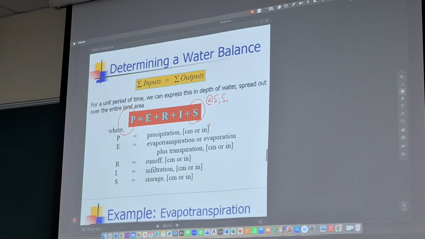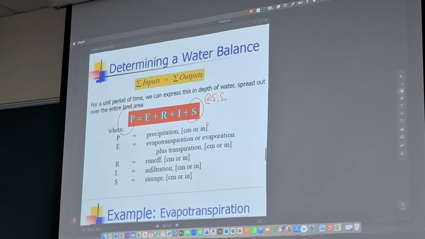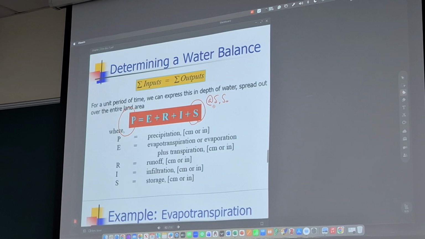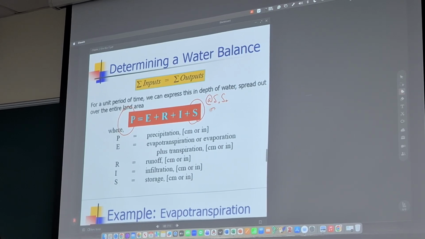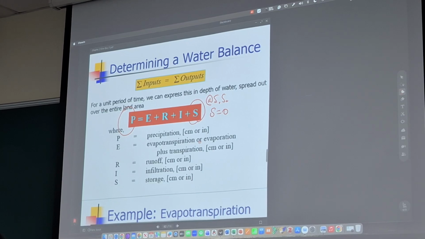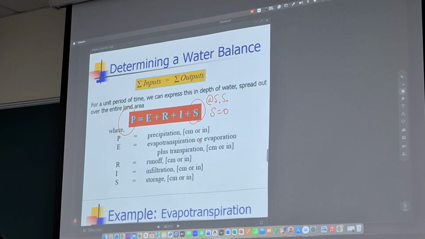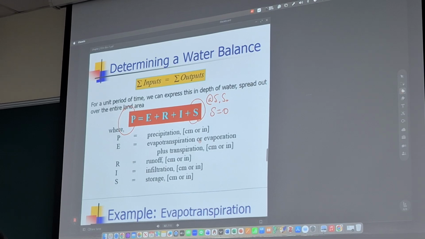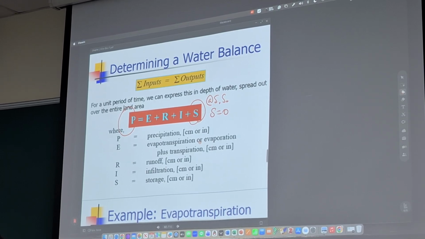The change will not vary over time. So if this is steady state, the change of S will be zero. At steady state, the change of S will be zero.